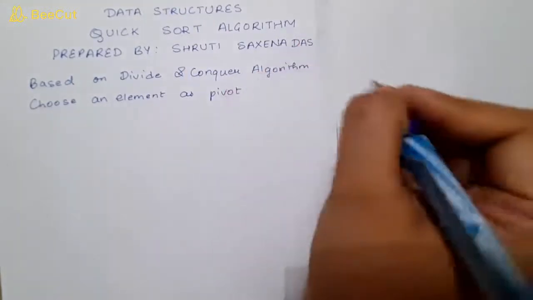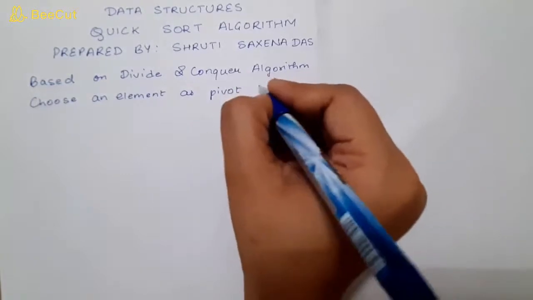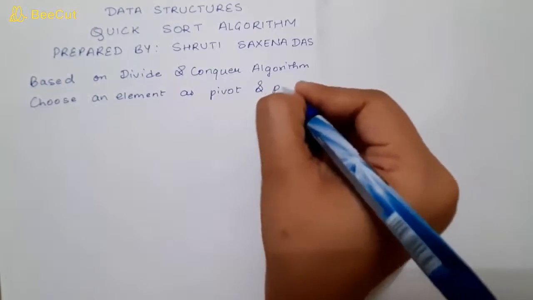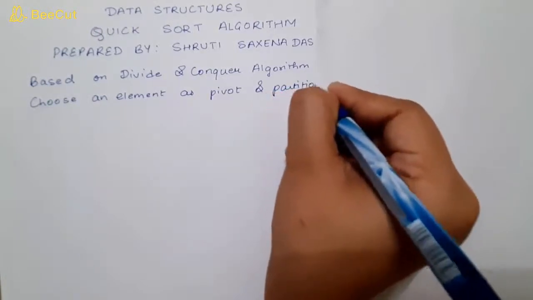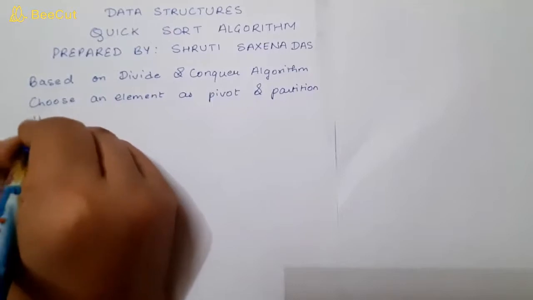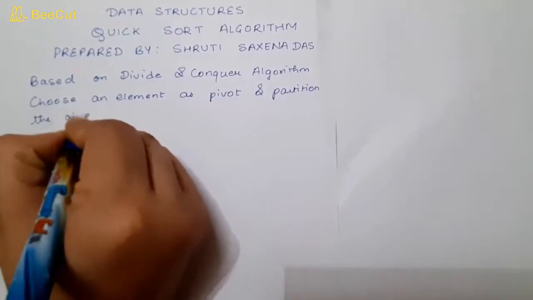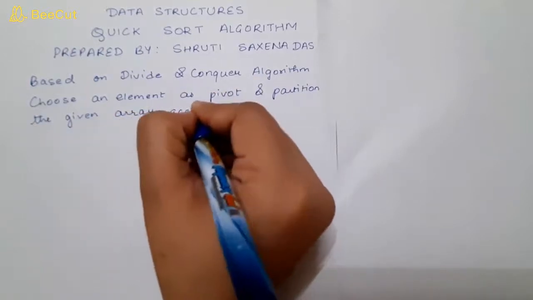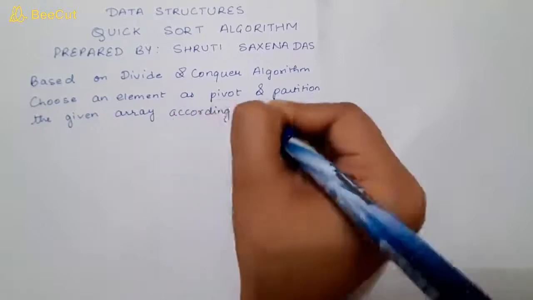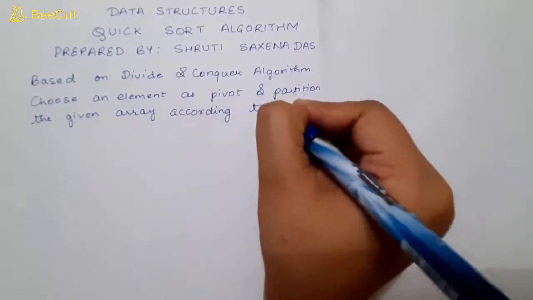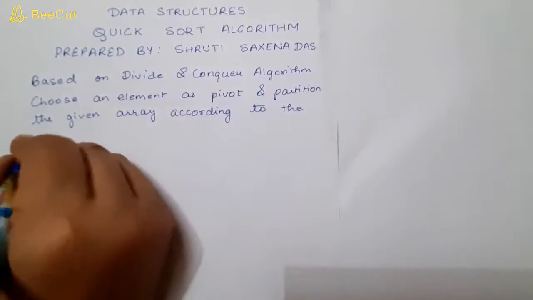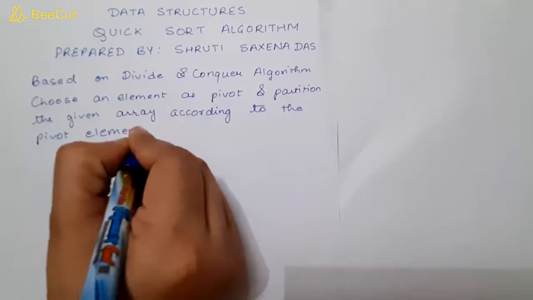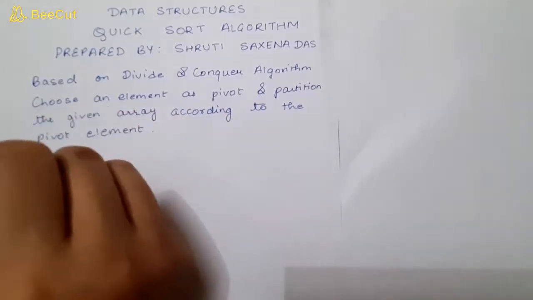So you have to choose an element as pivot and partition the given array according to the chosen pivot element.